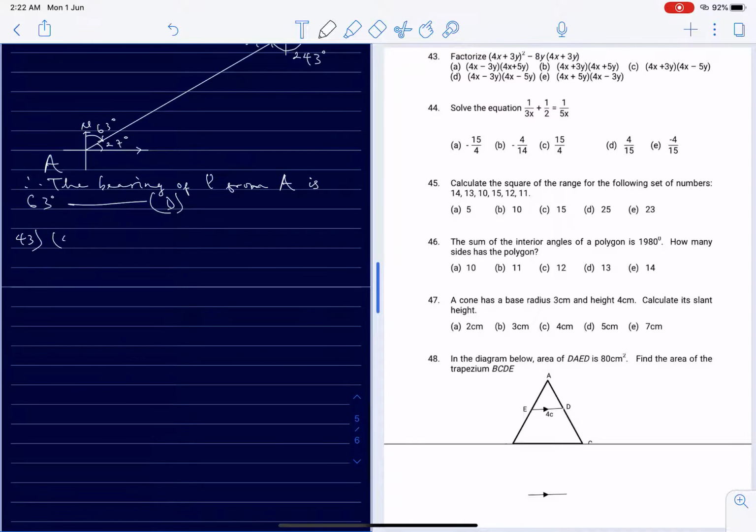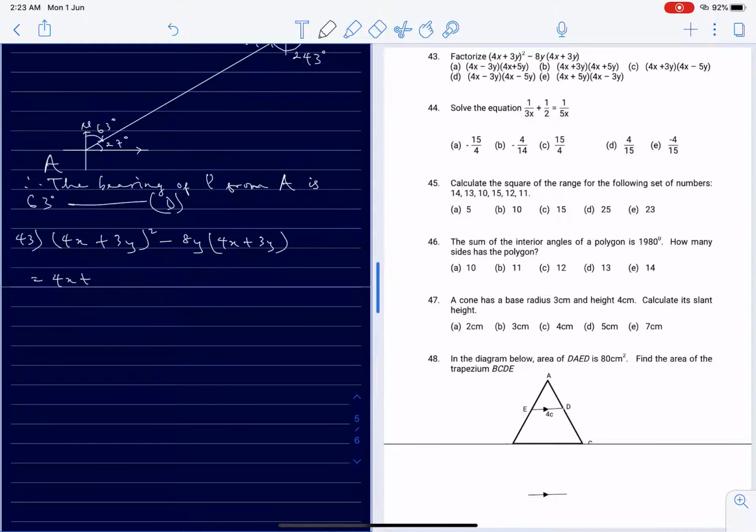Factorize 4x plus 3y, the square of 4x plus 3y, minus 8y times 4x plus 3y. We can see here that 4x plus 3y is common to the two.